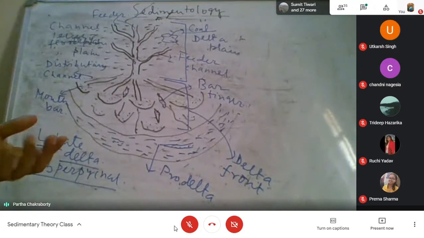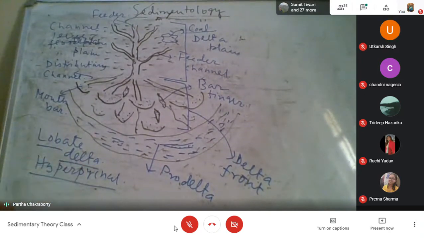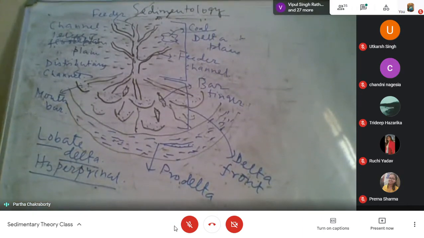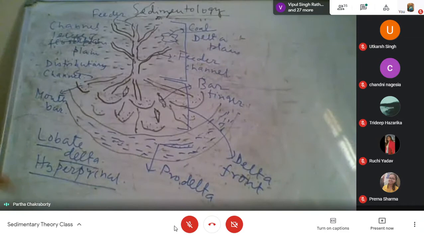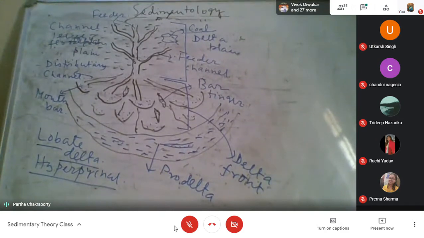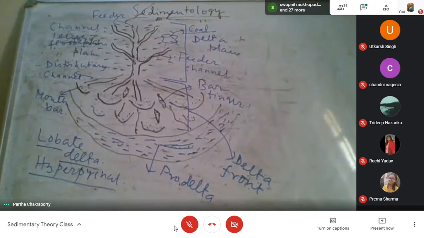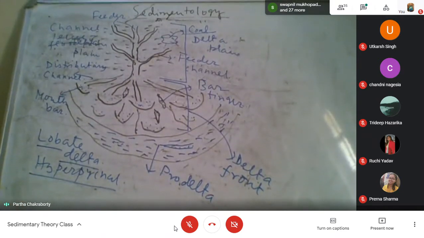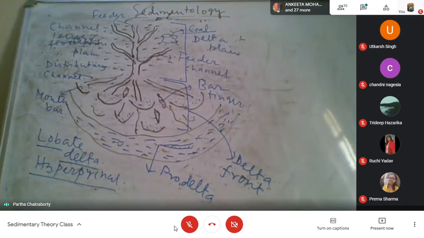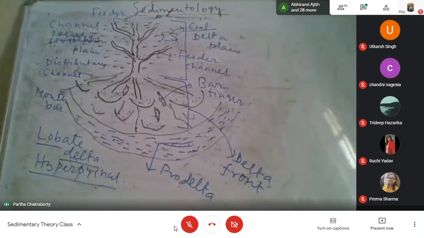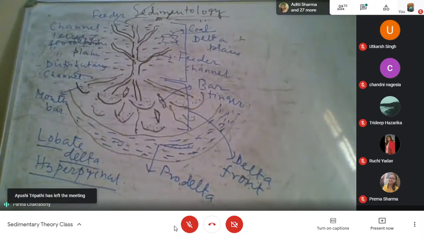Now, individual channels and individual mouth bars: the channel can be several tens to hundreds of meters wide and tens to hundreds of meters long. Same is the mouth bar, which can be of several hundreds of square kilometers in area. Now how does a mouth bar form? When the channel is not able to keep its channelized geometry, when the slope is so low that even the presence of a channel becomes very difficult, because there is no control of the slope.